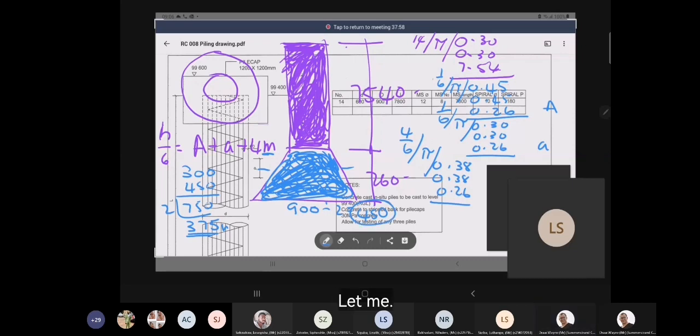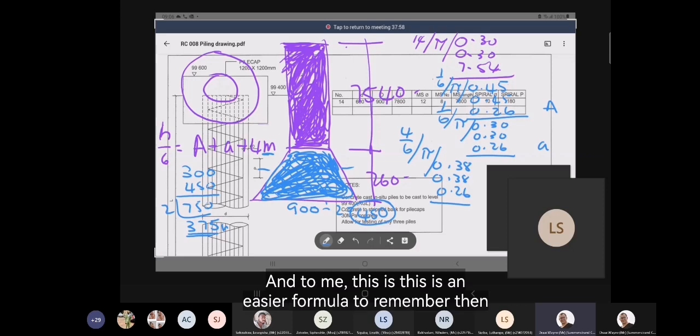With me? Right. So all I've done here, and to me this is an easier formula to remember than the other one, because the other one can create confusion.